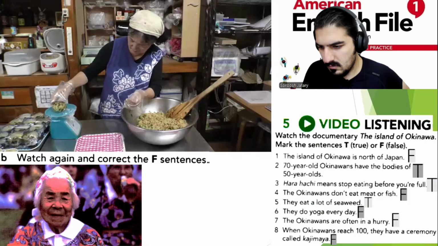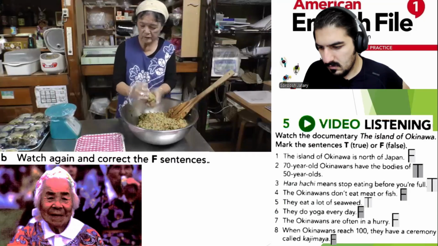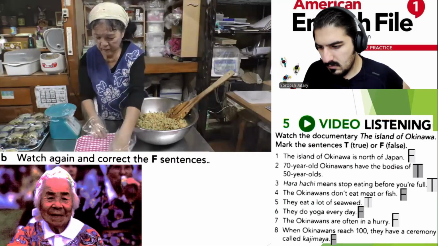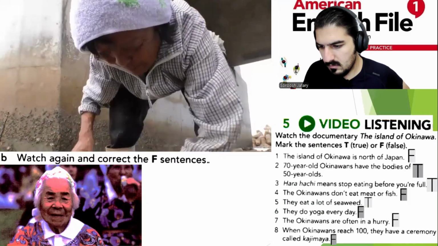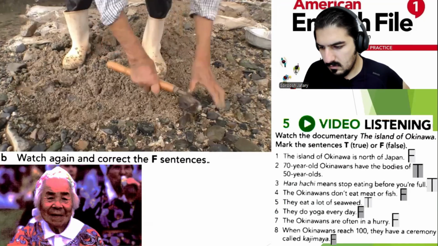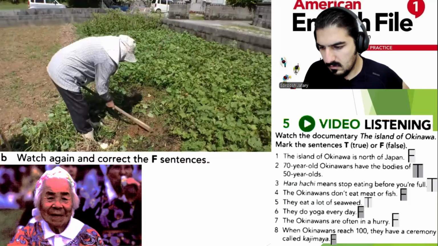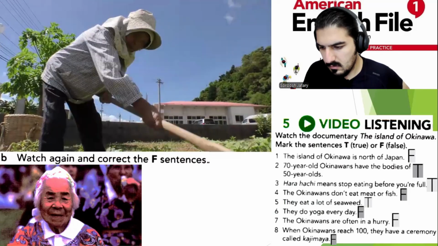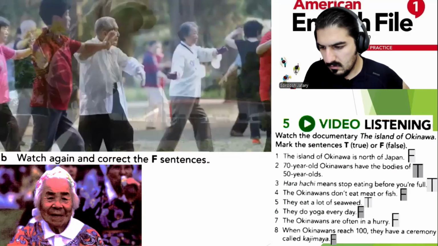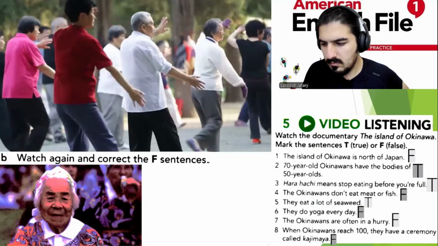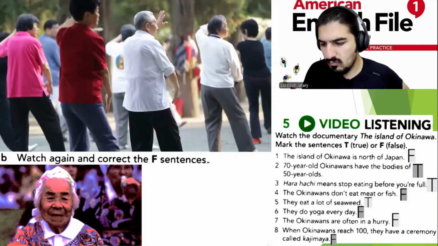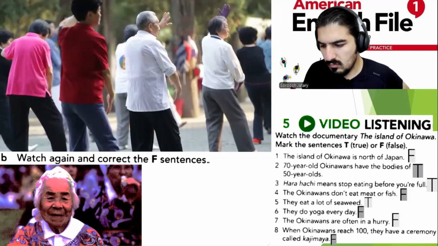But diet is not the only reason why they live so long. The Okinawans are very active, and they often work in their garden until they're 80 or more. Many of them also do Tai Chi or martial arts every day.